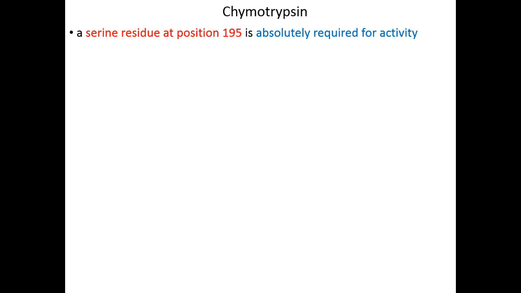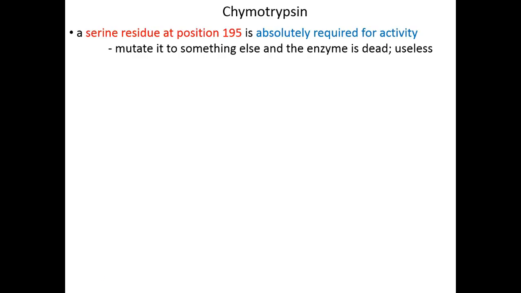So for chymotrypsin, amino acid number 195, the 195th amino acid in the chain, happens to be a serine. And that serine is absolutely required for the activity of this enzyme. Remember, serine is a reactive side chain. It's not fully charged, but it has one of those hydroxyl groups.